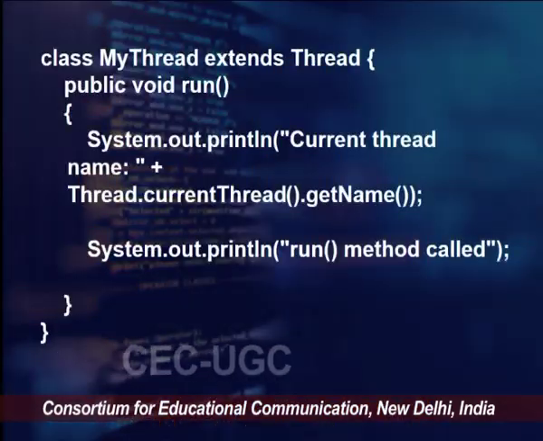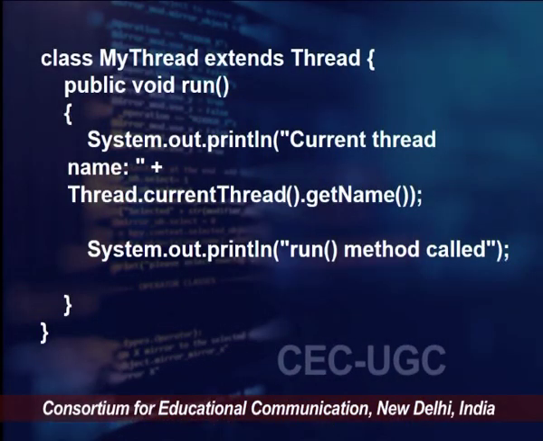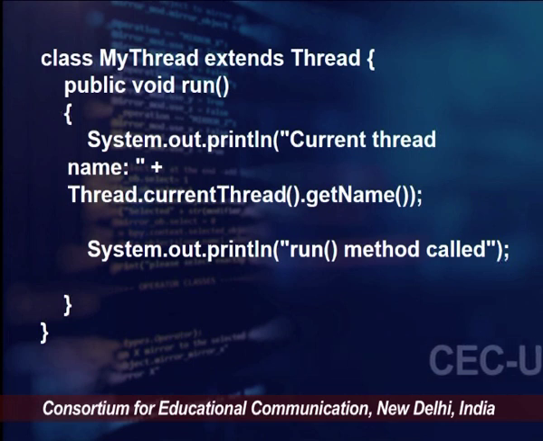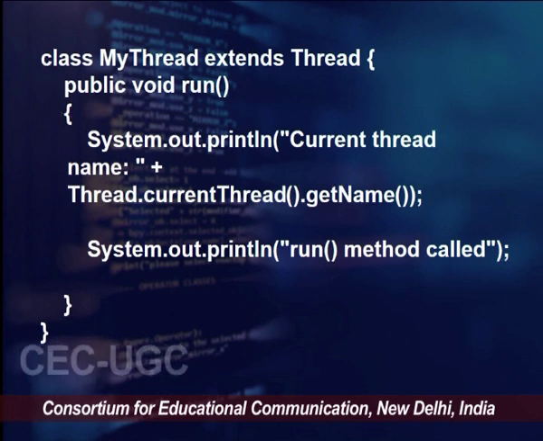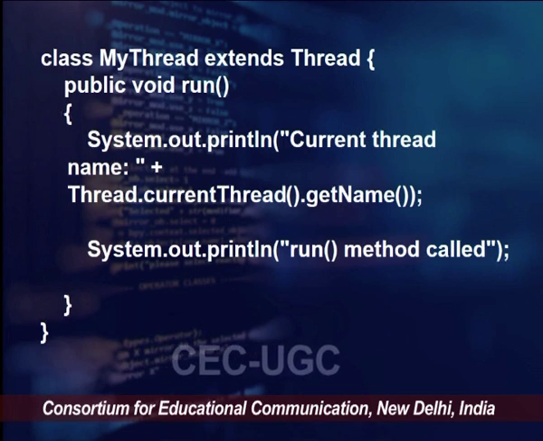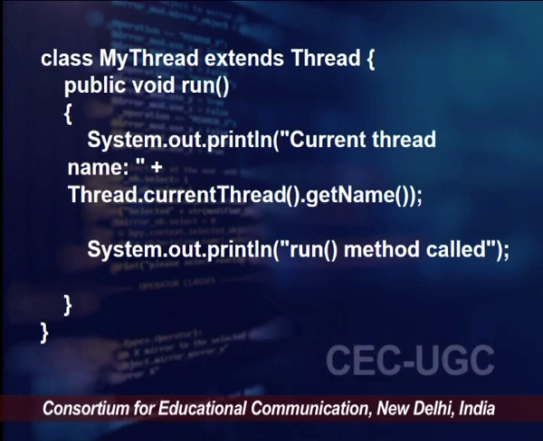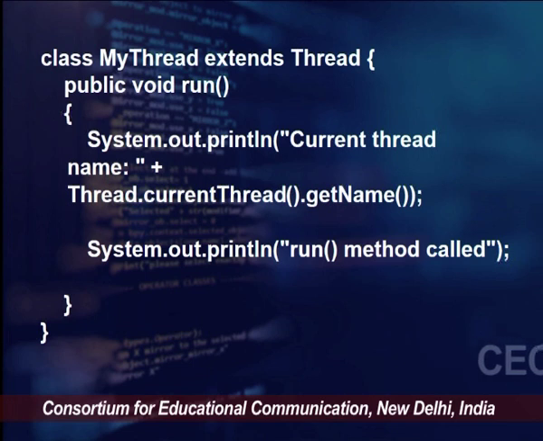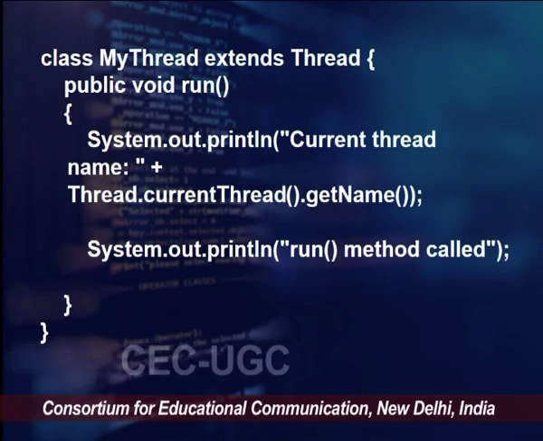Let us try to see this with the help of a very simple example. Here we have a class MyThread which extends Thread, although we could use implements Runnable here also, but as we are not extending any other class, we are using the extension of the Thread class here.